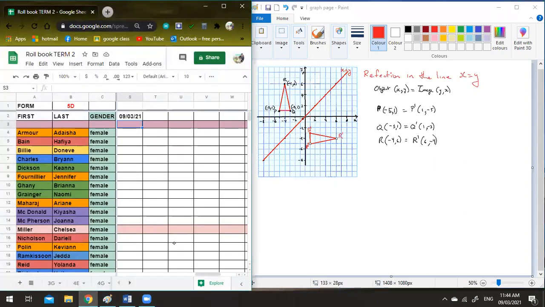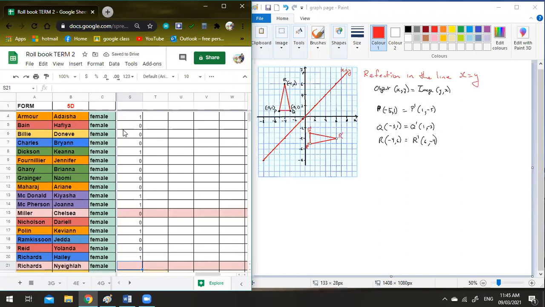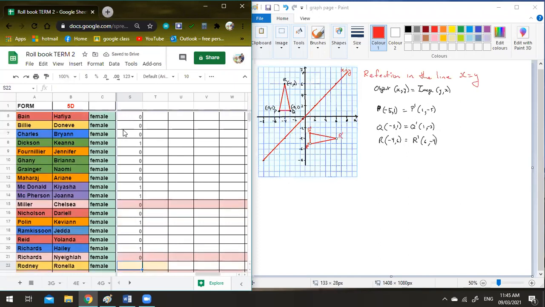While you're writing that, let me do the roll. Kisha here, Yola not here, Donnie not here, Brian not here, Kiana, Jennifer, Brianna Gani not here, Naomi not here, Ariane not here, Kiasha, Joanna, Chelsea is not here, Daryl not here, Kevian, Kelly, why you not doing roll in the morning?